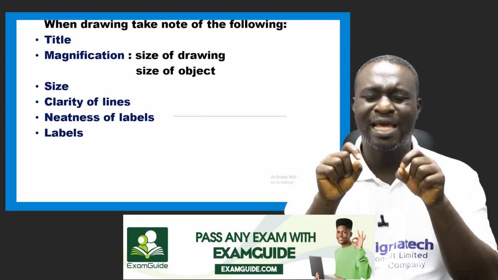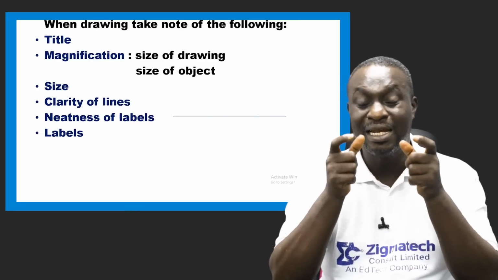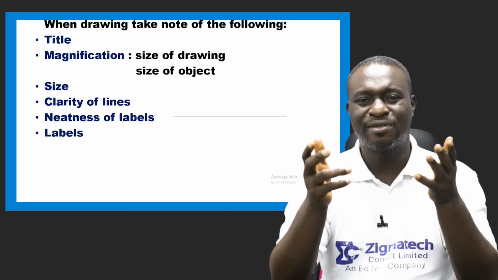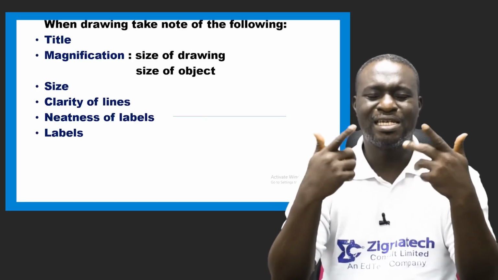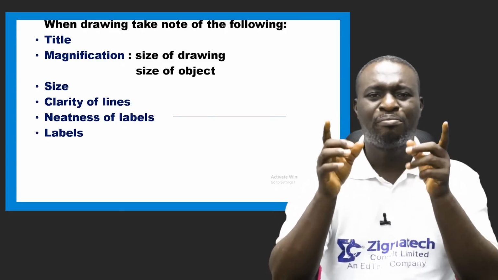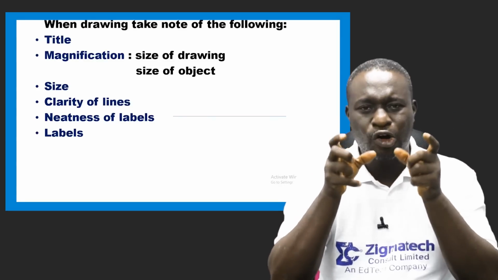Please, when labeling, ensure you label key parts. For instance, if I'm labeling a fish, the key parts are the fins, the gills, which are the upper column, the mouth, the eyes, and so on. Please take note of key parts and label them accordingly.